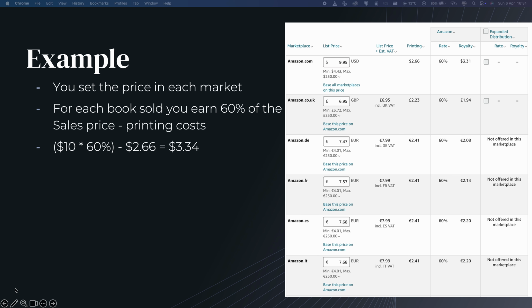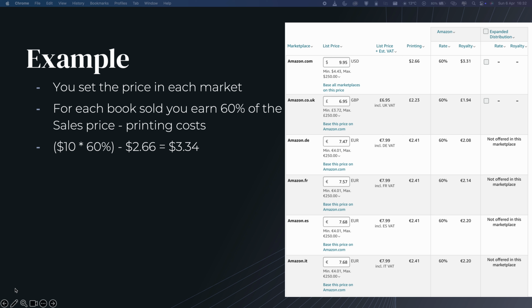This royalty is calculated by 60% of the sales price minus the printing costs. Therefore, for a book you sell for $10, your printing costs are about $2.66. You would earn $3.34 in your royalties. For ebooks and audiobooks, the calculation is different. I just want to give you the main idea.